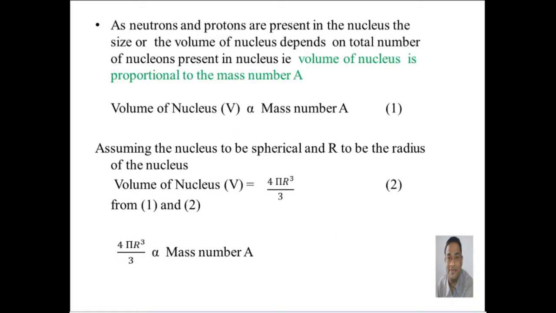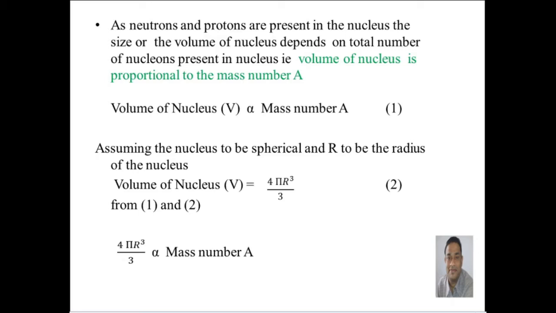As we have seen that neutrons and protons are present inside the nucleus and they are called nucleons. More the number of protons and neutrons, that is more the number of nucleons inside the nucleus, the size of the nucleus will be large. And if the number of nucleons is less, then the size will naturally be small.